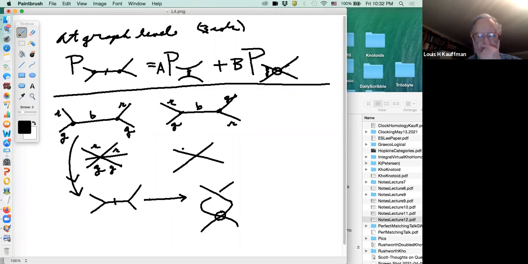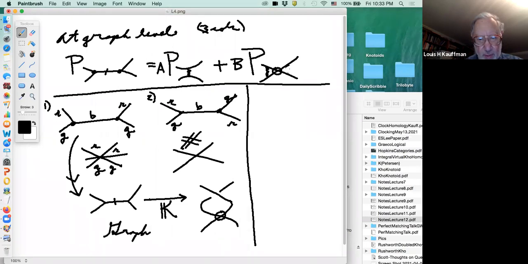And then you will see that everything works just fine, because of what happens to this one, let's call this one 1 and this one 2, and examine what happens to 1 and 2 when you make this association, which we call K, taking graphs to virtual diagrams. So then let's see what happens to our formula.